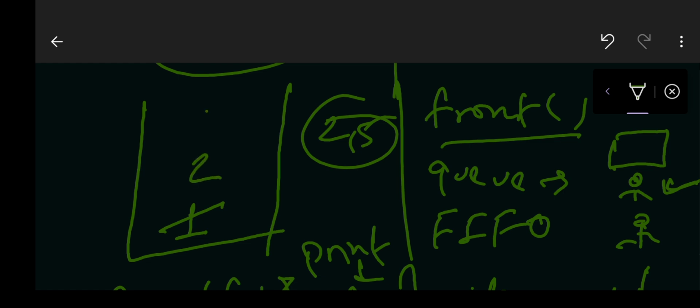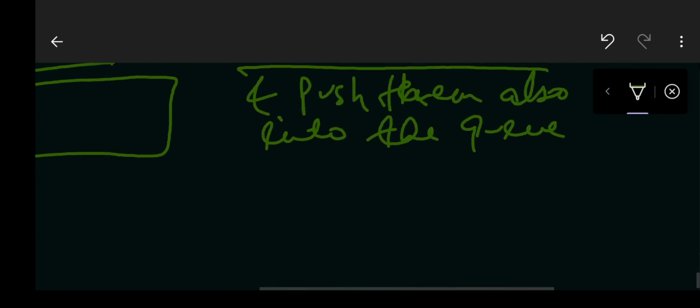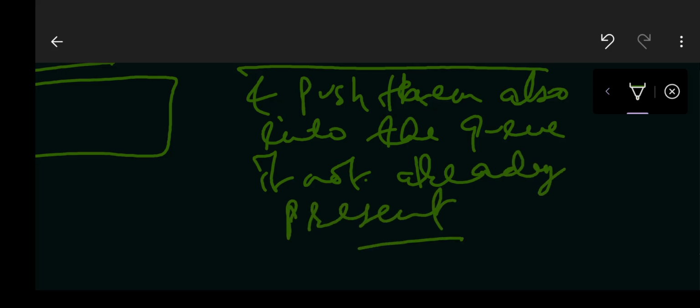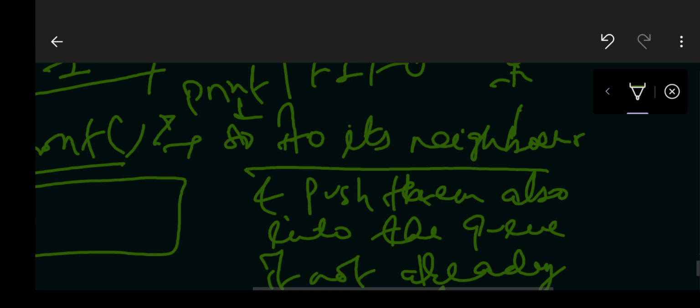No, so push it. Go to 5, is 5 already in the queue? No, push it. You understood what I'm trying to say. Here you can write: push them into the queue if not already present.